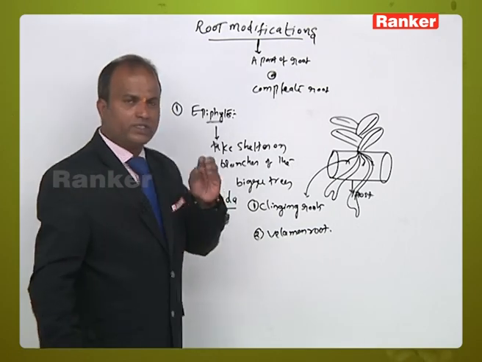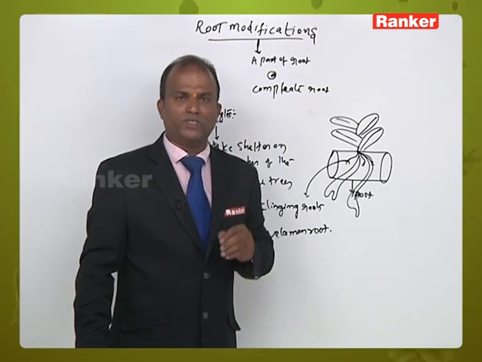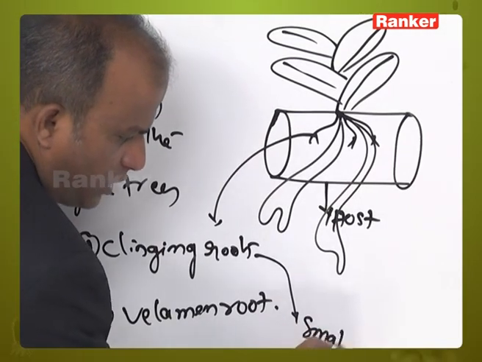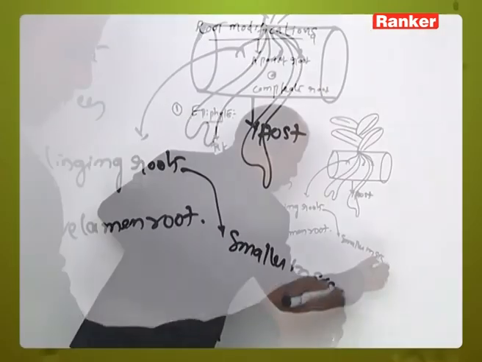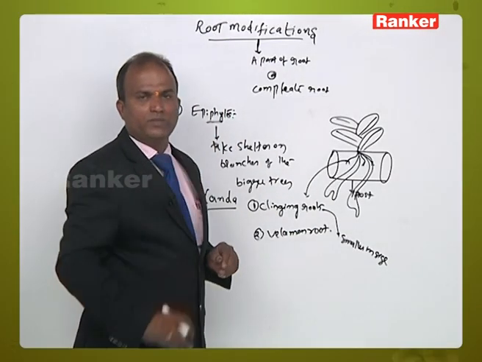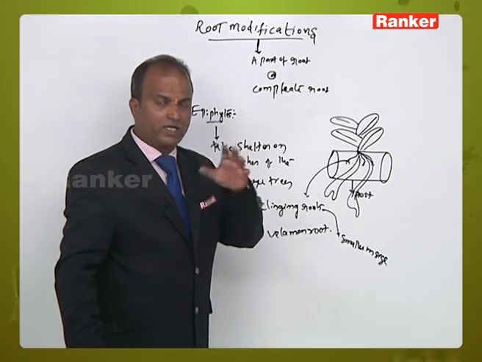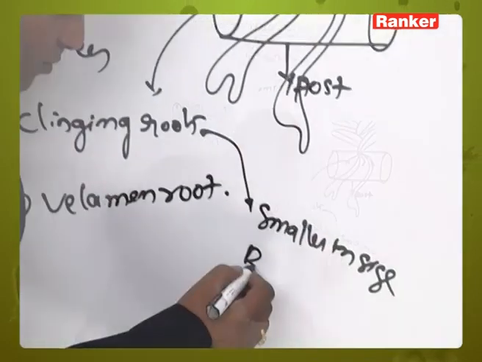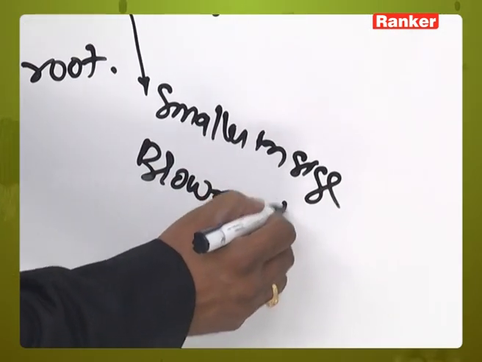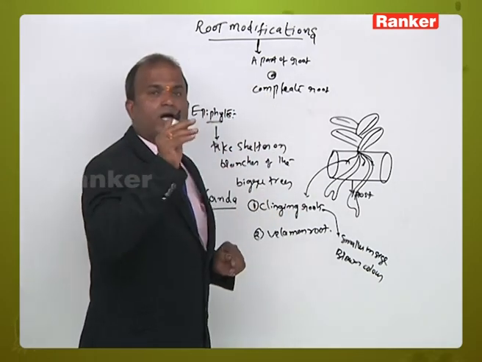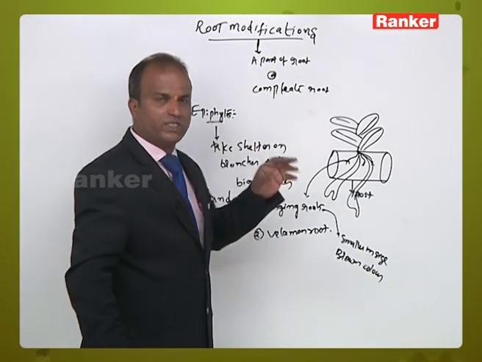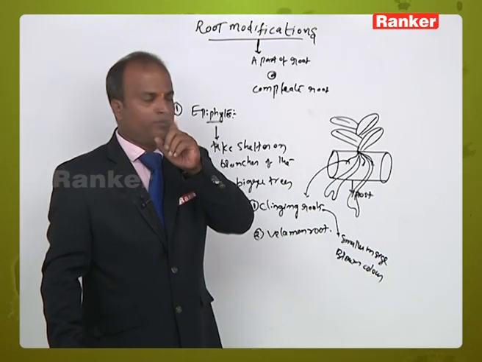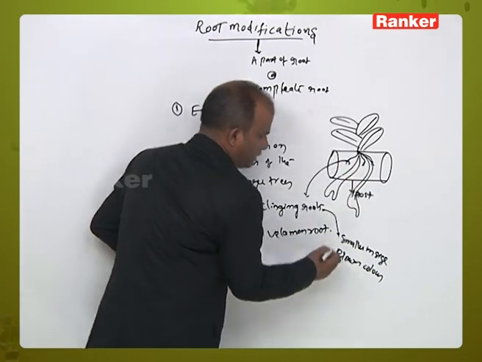These clinging roots are smaller in size compared with velamin roots. They are present in brown color. They show branching.